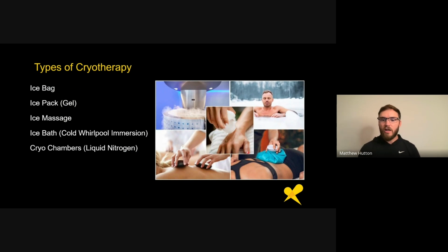So early in the season, a lot of people will argue that you shouldn't be doing cryotherapy, specifically cold whirlpool, because you want the adaptation and it's the priority over the soreness. Deal with some soreness early on in the season so that your body can adapt, then you're going to be stronger for the duration of the season.